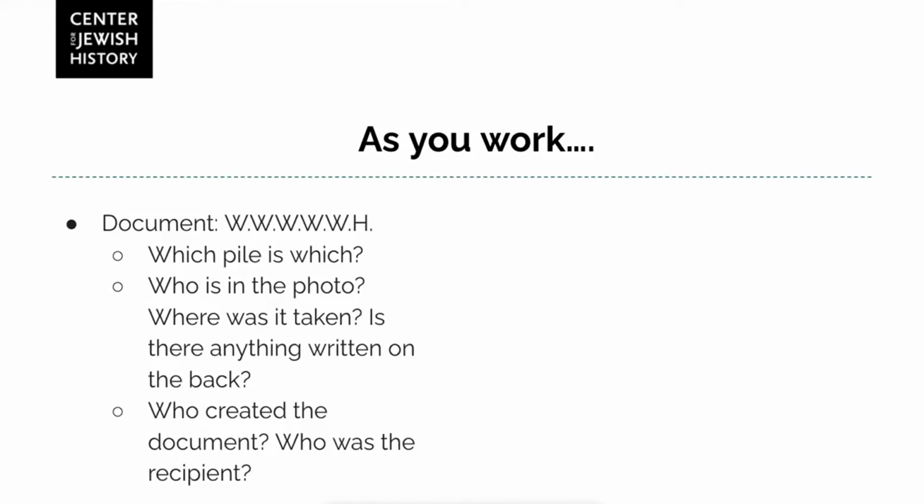As you work, document. Keep track of what's in your collection. This is one of the most helpful tips I can give you. When we discussed sorting, we went over how much easier it is to organize digitized material when the physical material is organized first. Taking notes makes this even easier because you won't have to try to remember the names of your groupings or the information in the image or document. You can do so by creating an Excel file or a Word doc, or even take notes by hand.